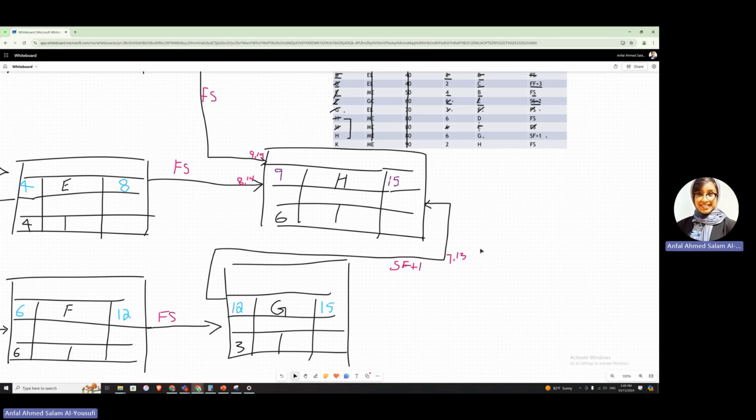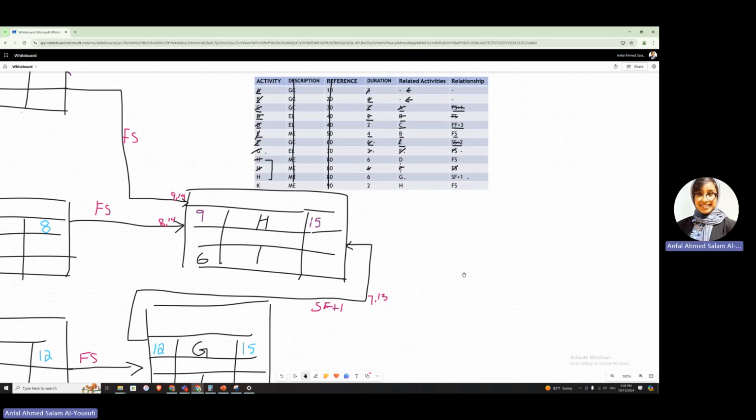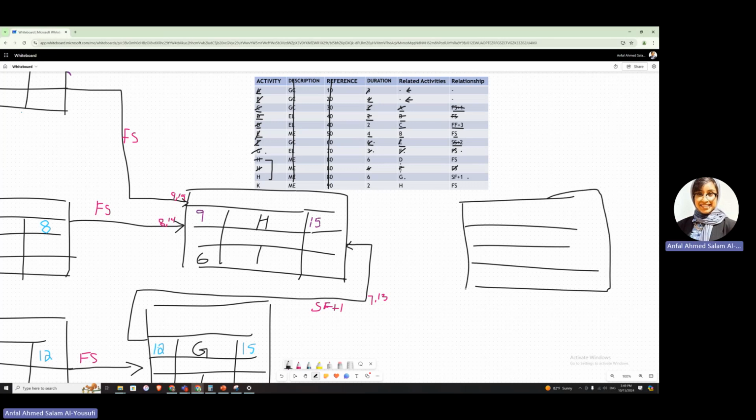Hope that is clear. Finally, we have K. So K, it is coming from H, so I'm going to draw it somewhere in here. So this is my K. The duration is 2, and the relation says finish to start.